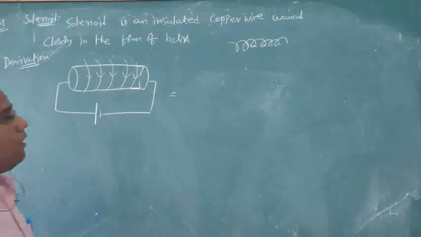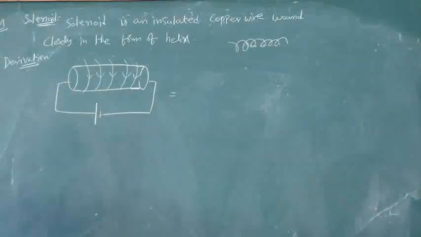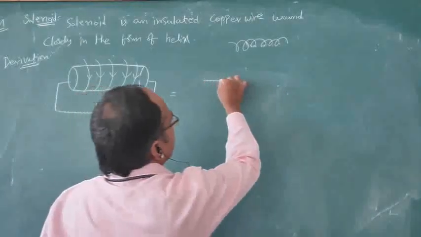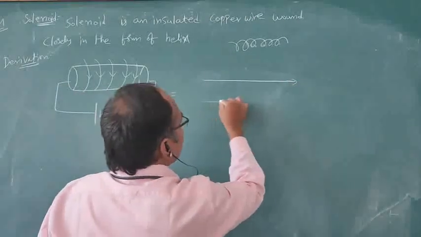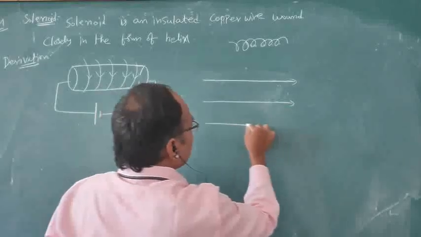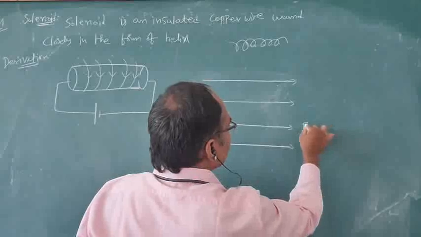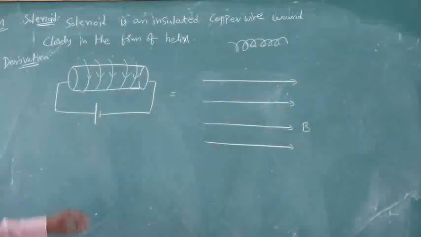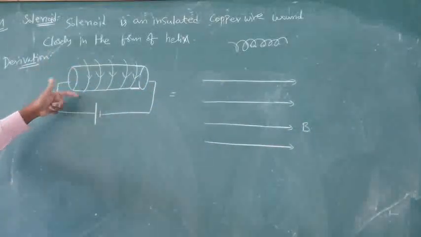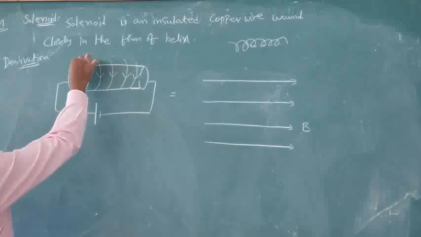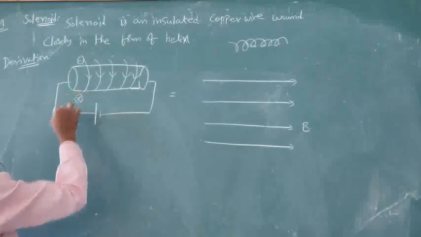Now this figure, how to draw in the visual way? So this is the magnetic field. The current is passing from outside to inside. So this is the outside and this is the inside.